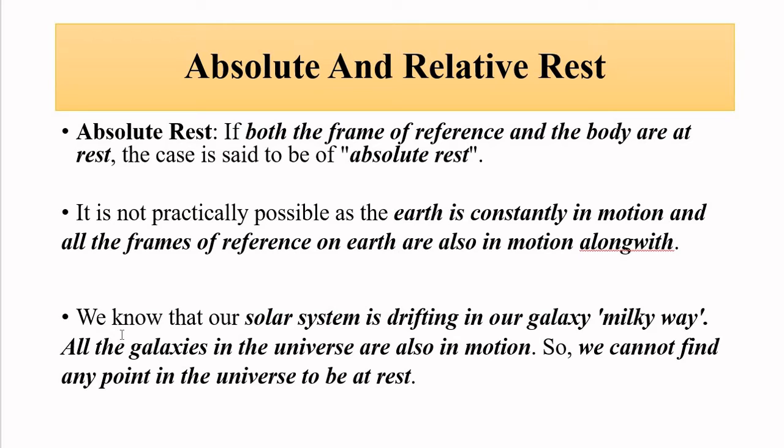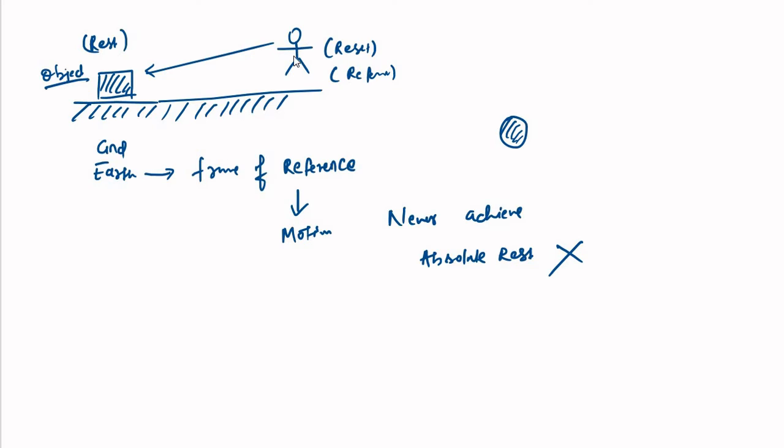Because we know that our solar system is drifting in our galaxy, the Milky Way, and all the galaxies in the universe are also in motion. So we cannot find any point in the universe which is at rest, absolute rest. So here the person is also actually in motion along with Earth.